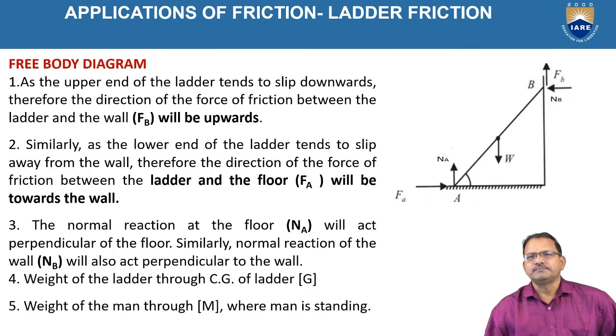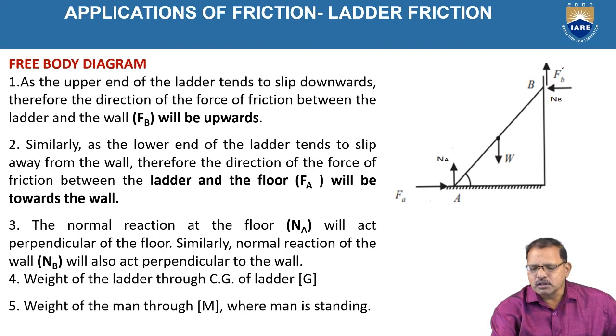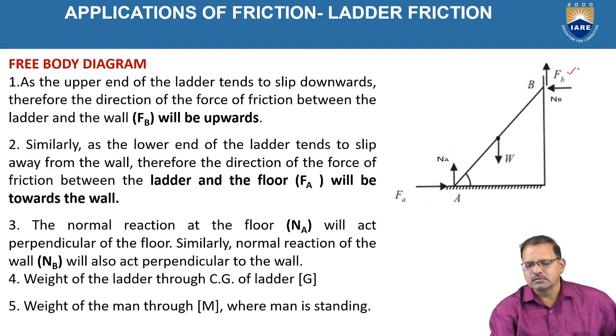Here I am showing that the upper end of the ladder tends to slip downwards. Therefore, the direction of the force of friction between the ladder and the wall, FB, will act upward, as shown in the figure. Similarly, the normal reaction NB acts perpendicular to the plane at that point.